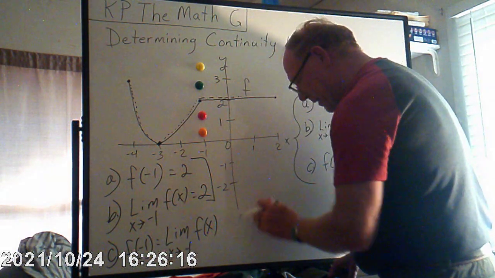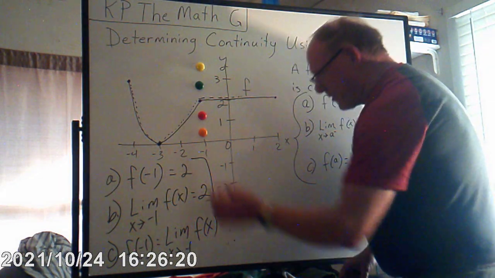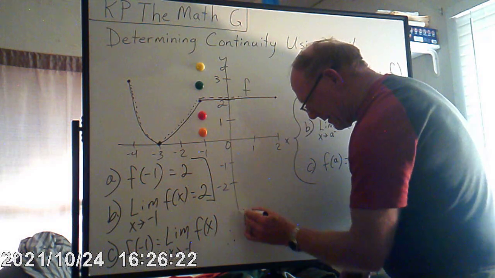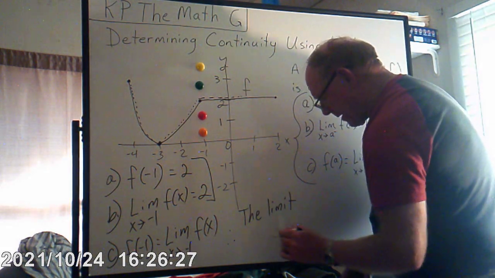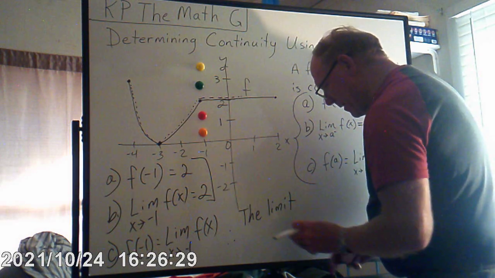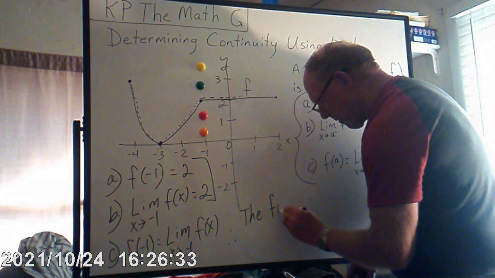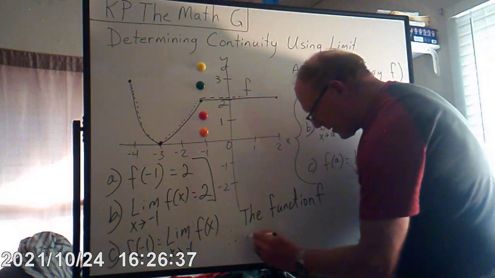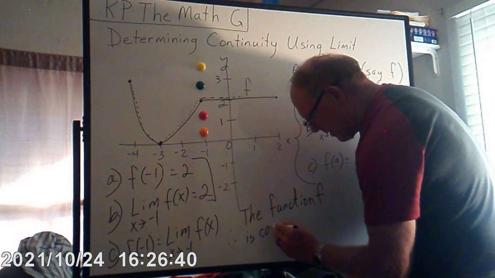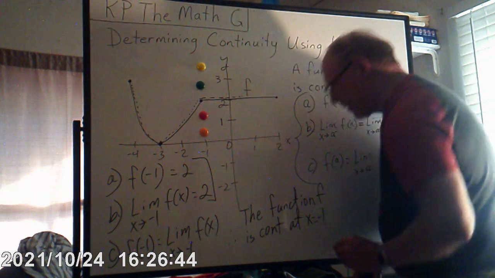And once we can say they're equal, therefore we can say that the function f is continuous at x equals negative 1.